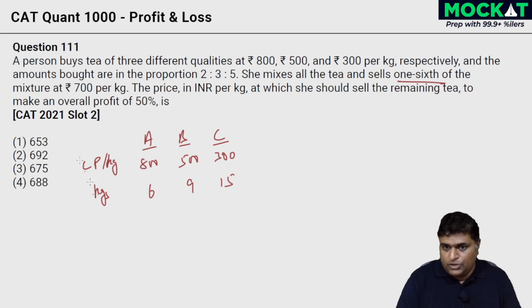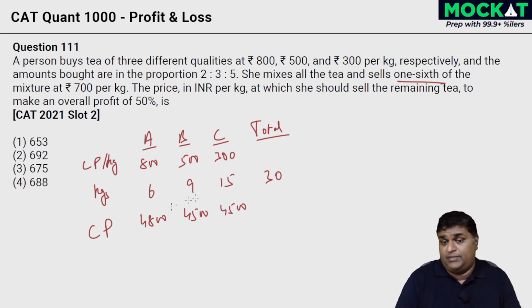It holds good. So what is the actual cost price over here? Cost price is nothing but the product of these two. 800 into 6 is 4800. 9 5s are 45. 15 3s are 45. The totals over here we can write 6 plus 9 plus 15, that's 30 kg, and the total over here 90 plus 48, which comes to 13800.